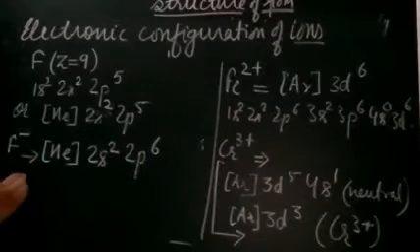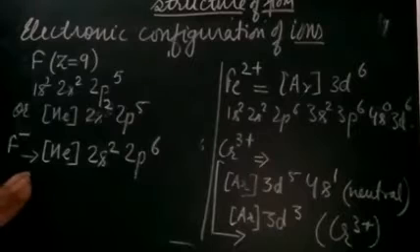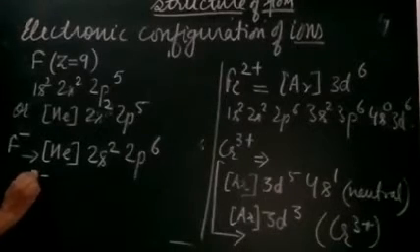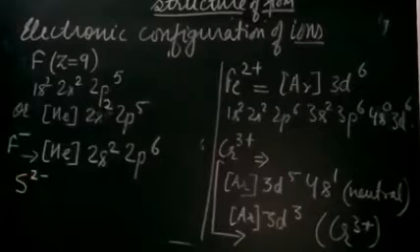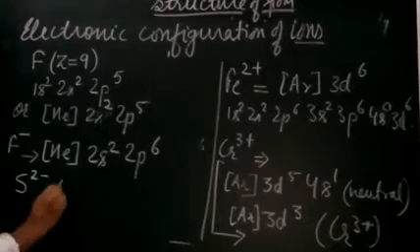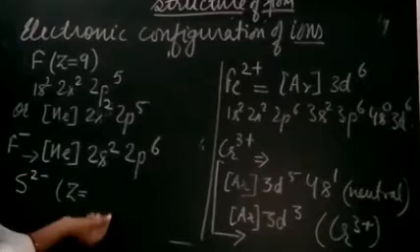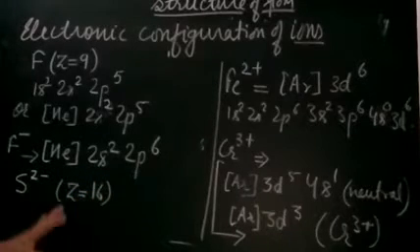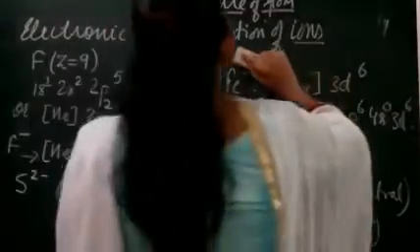Now students, just try to do it for S2 negative, that is the sulfide ion, where we know that sulfur has atomic number 16, right? So just try to do it for the sulfide ion.